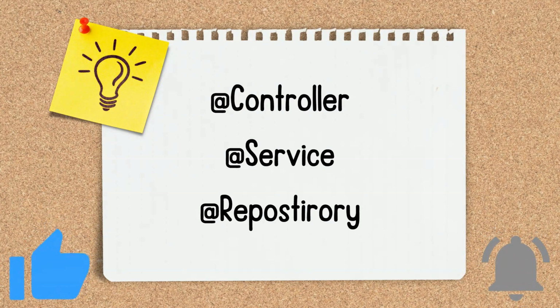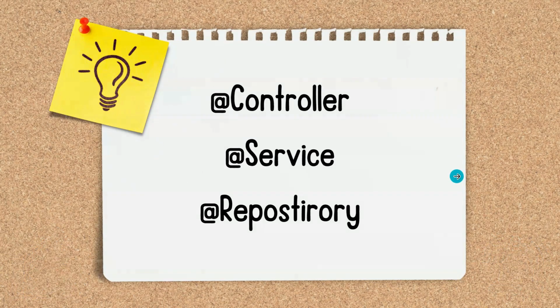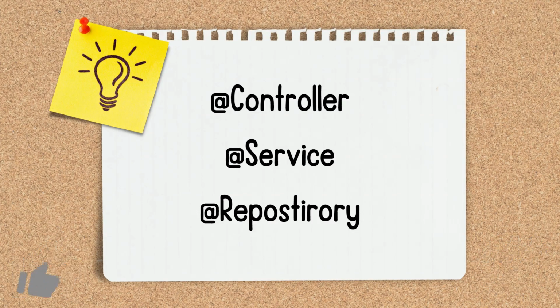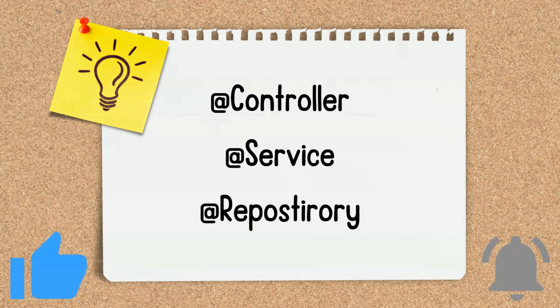If you mark a class with @Controller, that class becomes a controller class. It accepts the request and sends the response back to the client. So in the future, if anyone sees @Controller on a class, they can easily understand this is a controller class, and we need to create the APIs from it.